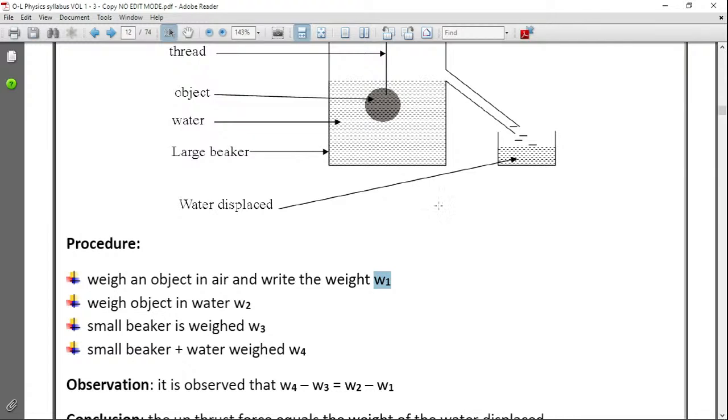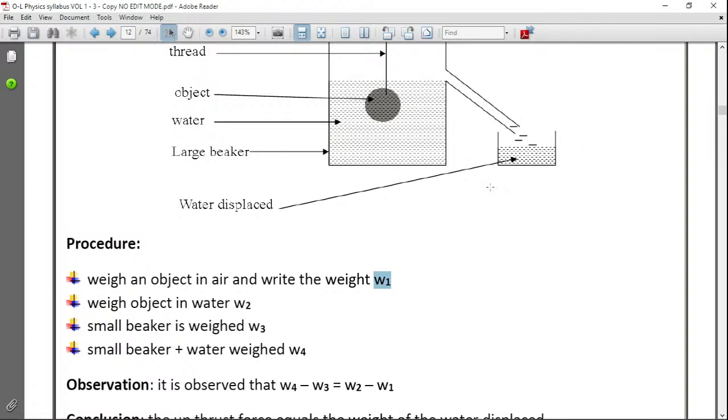Then you gently lower this mass into this water. The mass, remember, is still suspended on that spring balance. You gradually lower it. Before you lower it, this small beaker should be empty. Then you get the weight of this empty small beaker.